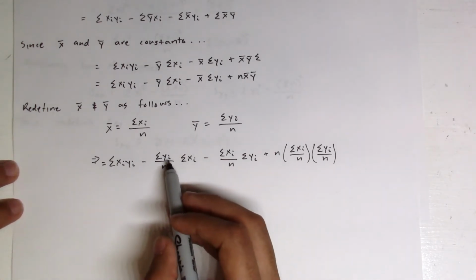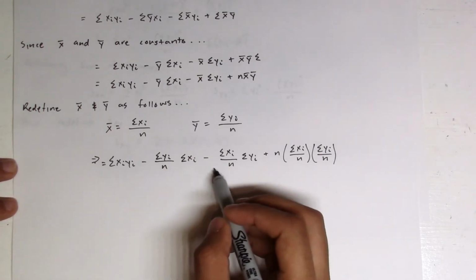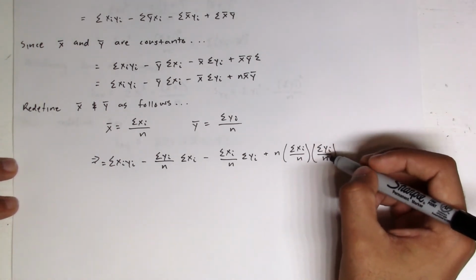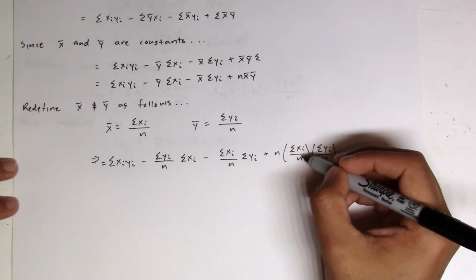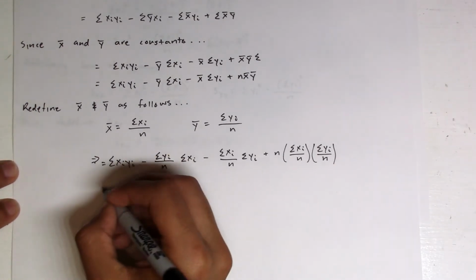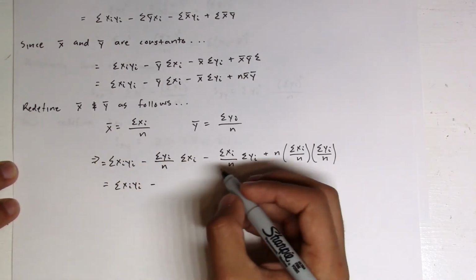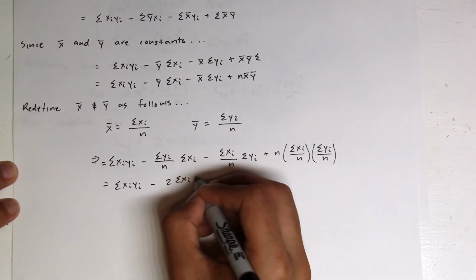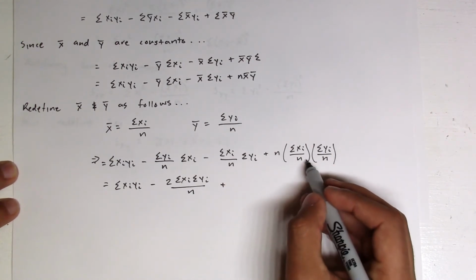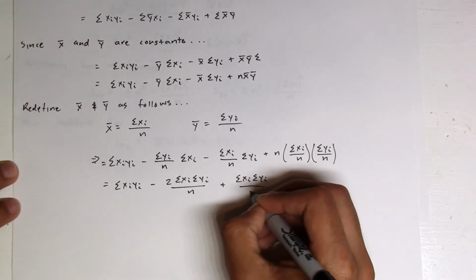First thing we notice is that these terms are the same, and we can add them together, so we get negative 2 times this term. And here an n cancels out with one of the denominators, and we get another term that equals this term. So we can rewrite the equation as the sum of xi yi, minus 2 times the sum of xi, sum of yi over n, plus the sum of xi, sum of yi over n.